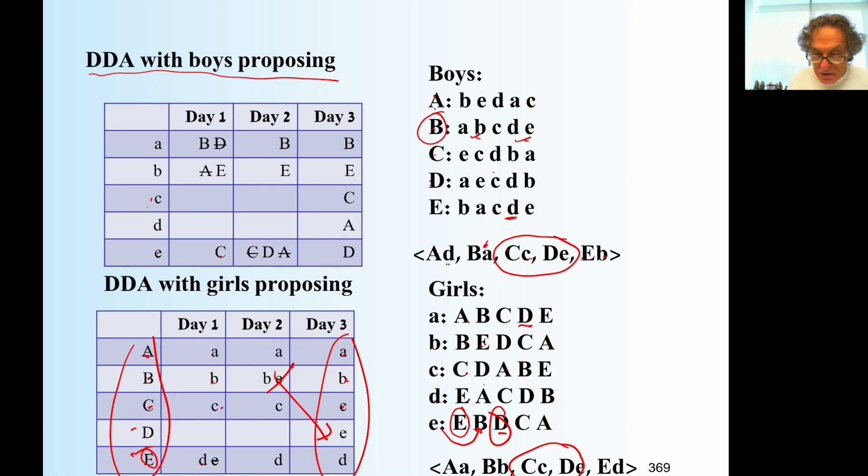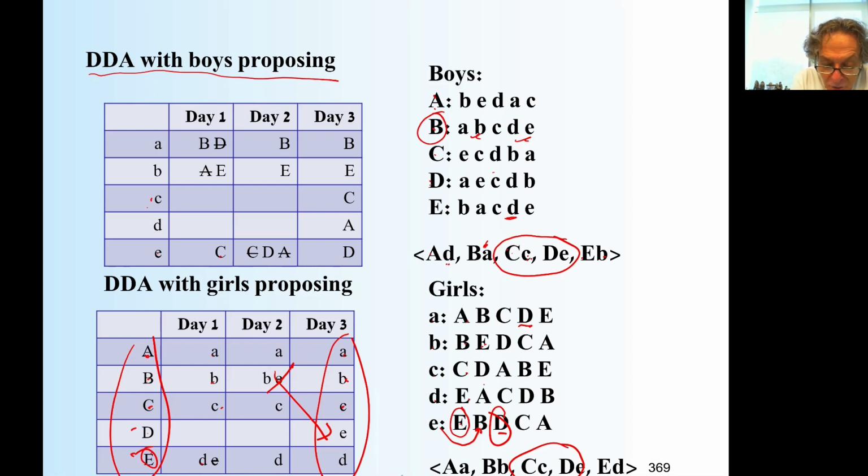Why is it like this? Because look here, these are the boys proposing. So girl C is the best for boy C. Remember, small c is the best for capital C. Why? Because here the boys are active and they get the best for them in all stable matchings.